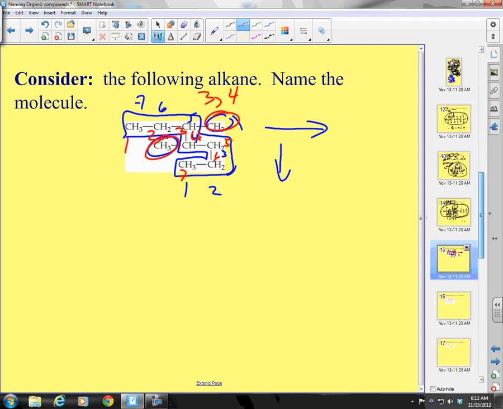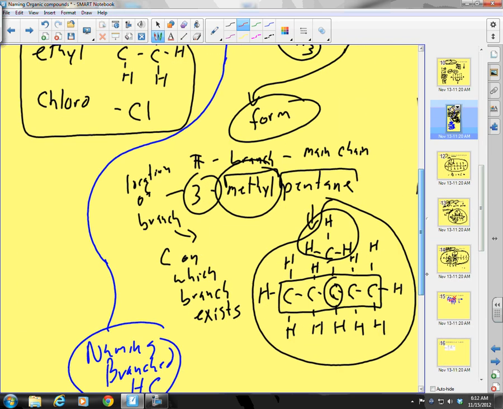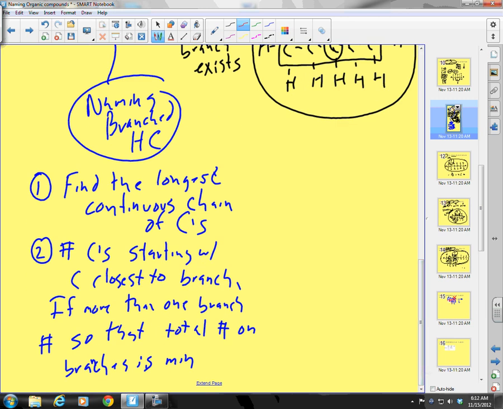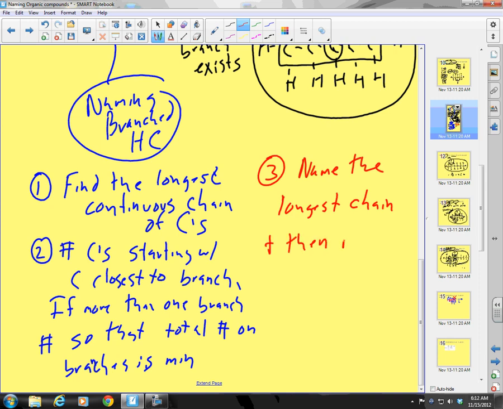Now what do we do? I think you guys can guess what's going on next, right? Next, we are going to name the longest chain, and then name the branches.